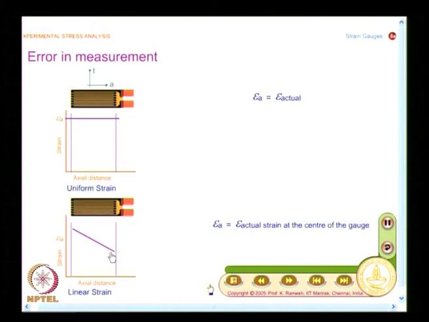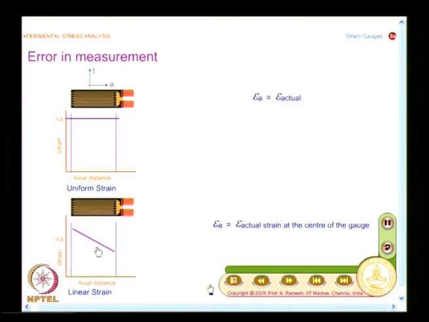This happens when you take a cantilever beam, you put a strain gauge on top of it, strain varies linearly, because the bending moment varies linearly, strain also varies linearly. So, in a problem where strain varies linearly, does the gauge length have any influence? Again, it is not having any influence, because whatever the average strain that you measure at the center is the same as your actual strain.